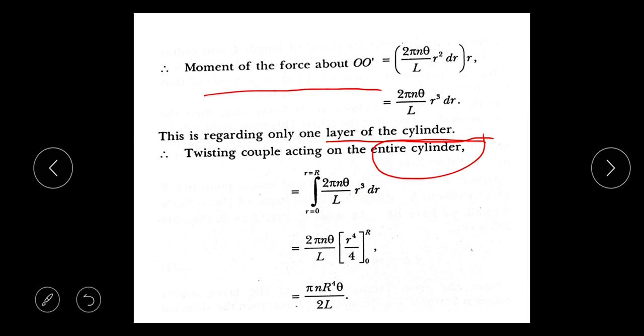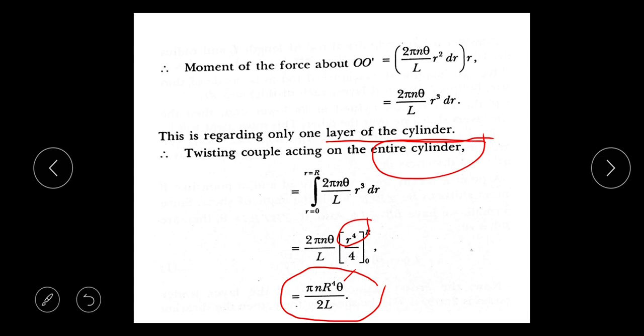Integration of r cube is r to the power 4 divided by 4, applying limits 0 and R, so in place of small r we substitute capital R. So we get the twisting couple equation as pi N R to the power 4 theta divided by 2L. This is the expression for twisting couple.